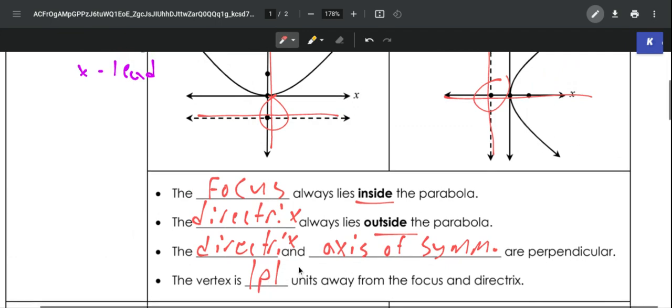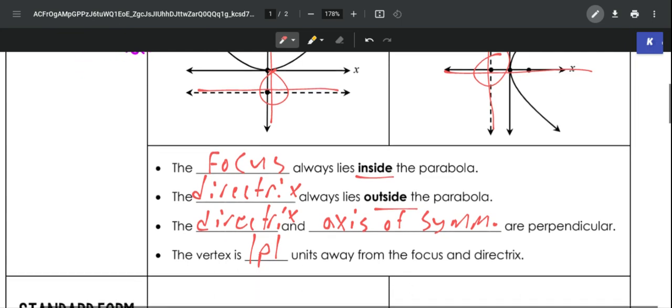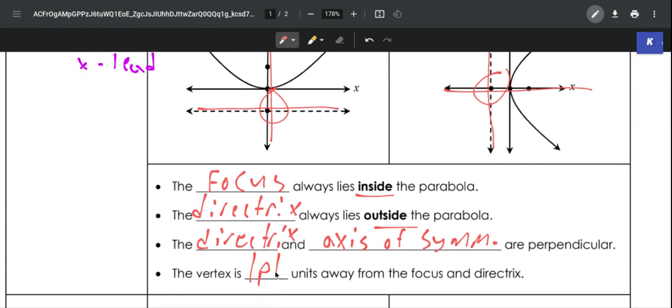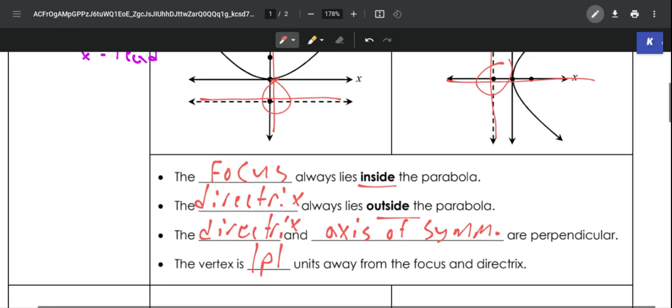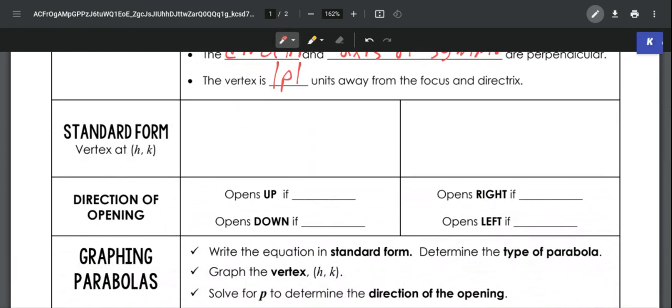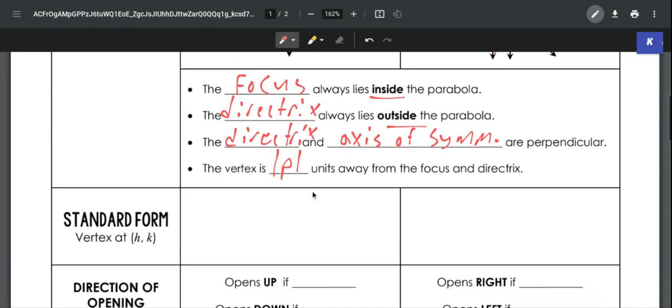When we're looking at distance, they're seeing distance as something that's always positive, but we can actually just use negative units sometimes. It'll help you if you can see it as a negative rather than always being positive, because sometimes p is going to be negative, but we'll get to that in a second. I think that'll make more sense when we actually graph these. So don't be too focused on that.